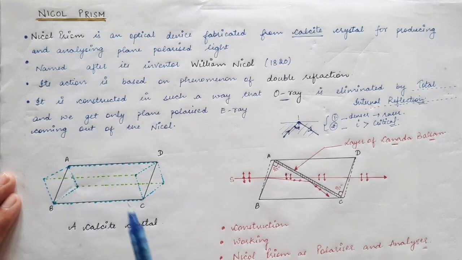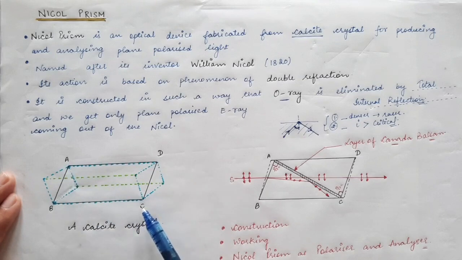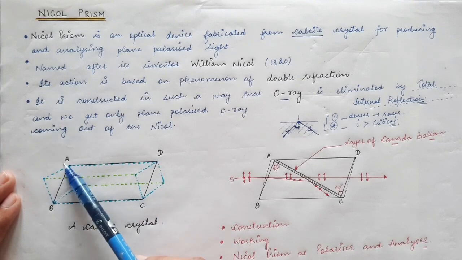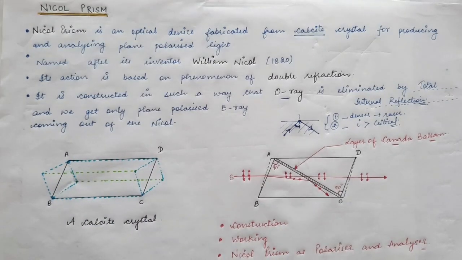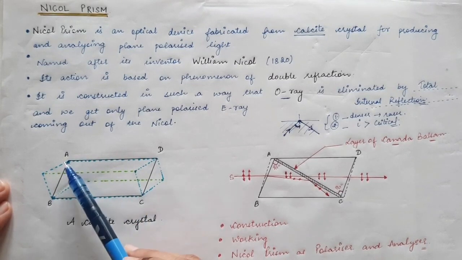Now, to construct the Nicol prism, we cut this calcite crystal by a plane.